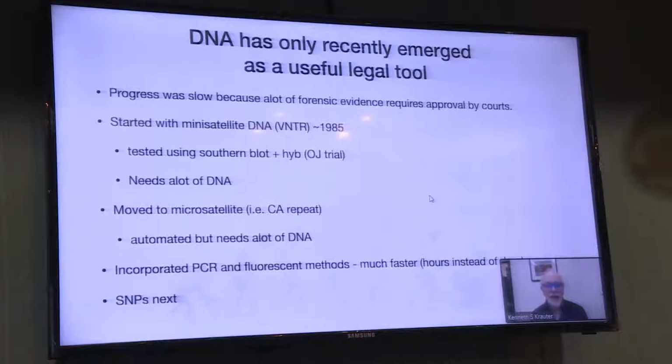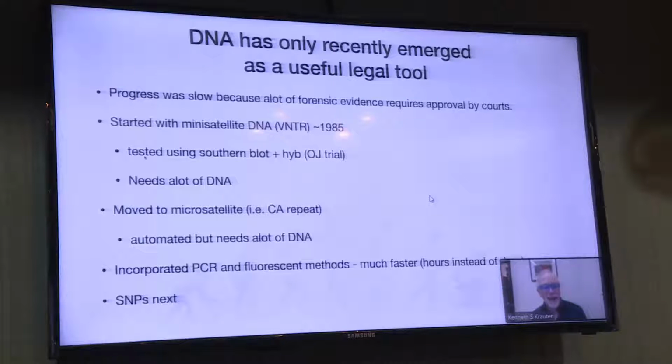That process took about 30 years to come to fruition in the United States, and I think in some countries it's still not really the standard for identifying individuals. I don't know whether DNA evidence is widely used for forensic purposes in India. But anyway, the first use of VNTRs was in 1985 in Great Britain, in a trial, and we're going to talk about that trial in a second.